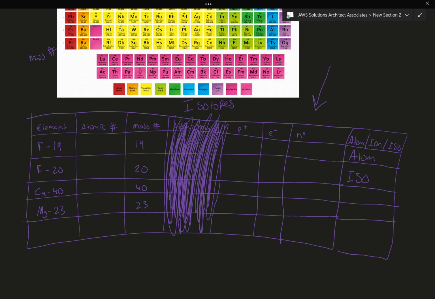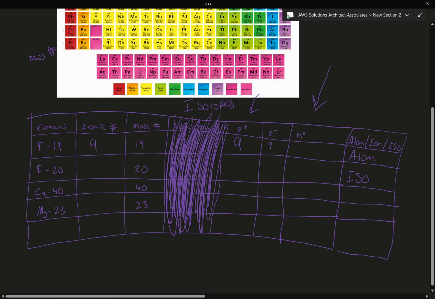So what is the atomic number of fluorine? Well, it's 9. Fluorine's atomic number is 9. That means fluorine has 9 protons, and because it has 9 protons, that also translates to 9 electrons.